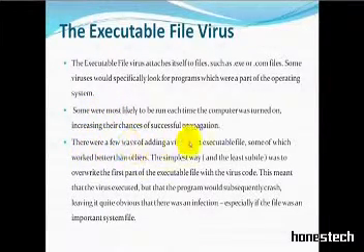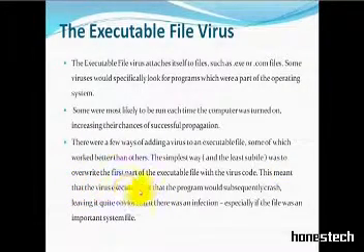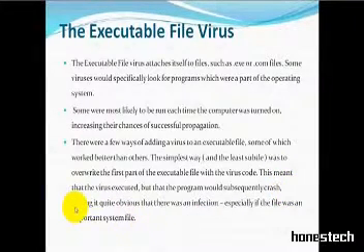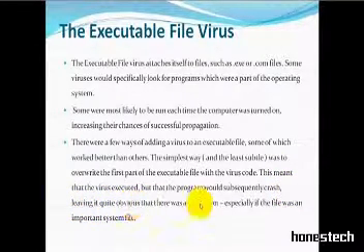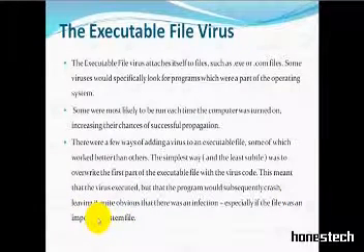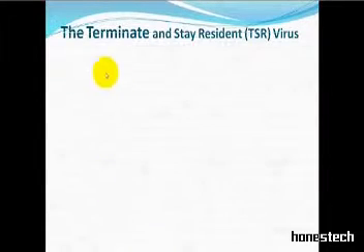The simplest way, and the least suitable, was to overwrite the first part of the executable file with the virus code. It means the virus executed but the program would subsequently crash, leaving it quite obvious that there was an infection, especially if the file was an important system file.